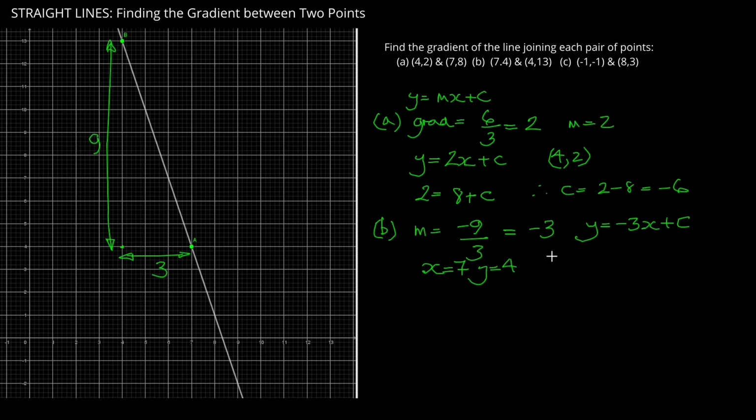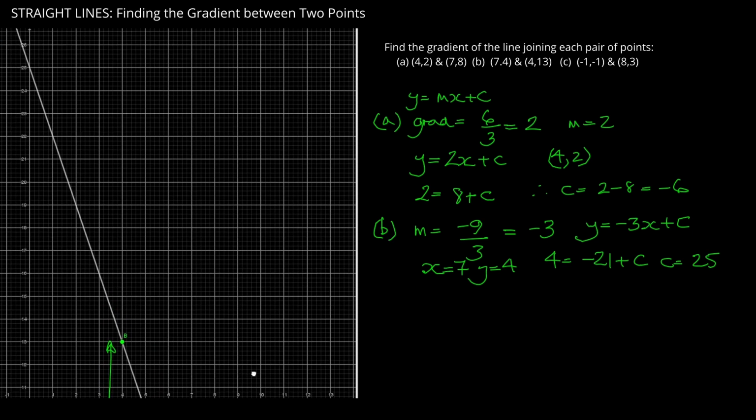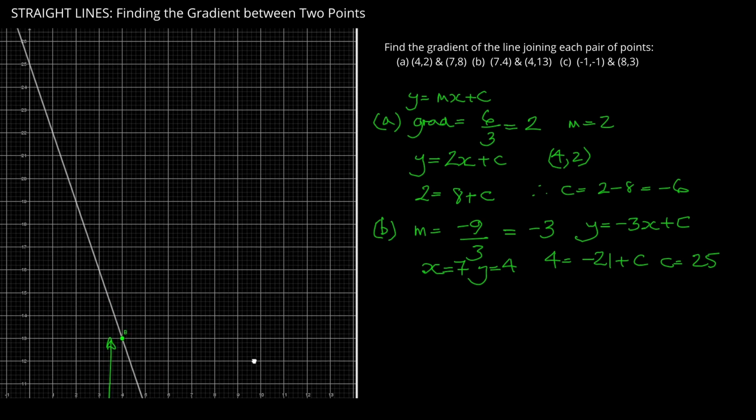And we get 4 is equal to, x is 7, so this is going to be negative 21 plus c. Rearranging, c is equal to, the negative 21 hops onto the other side and becomes positive 21, so we get 25. So again, let's pull this panel down, and yes, 25 is the answer.